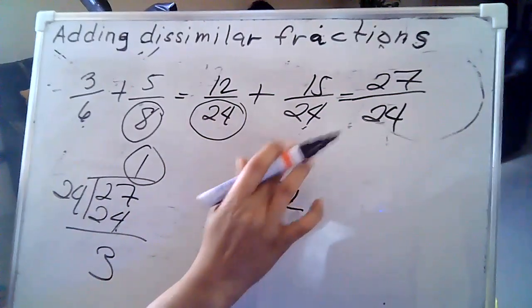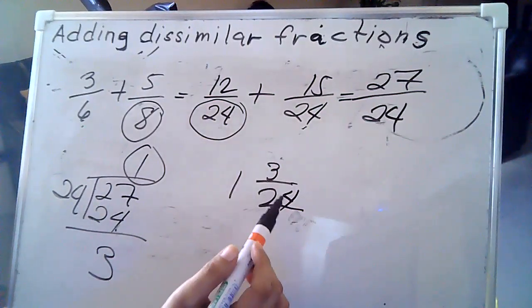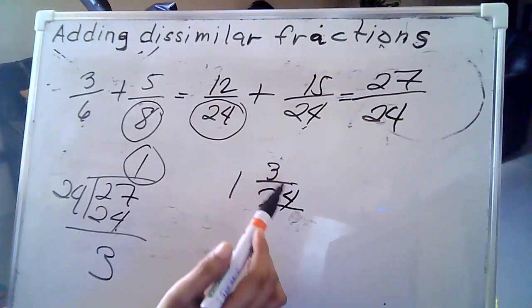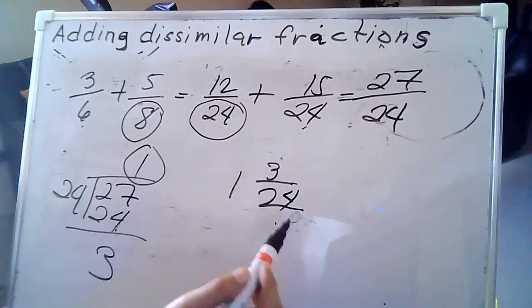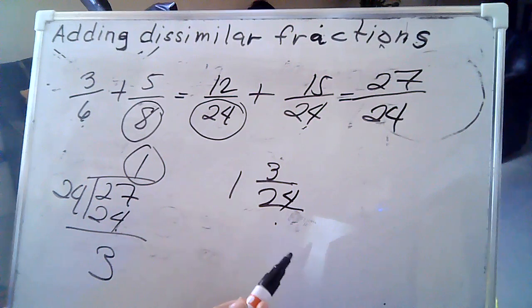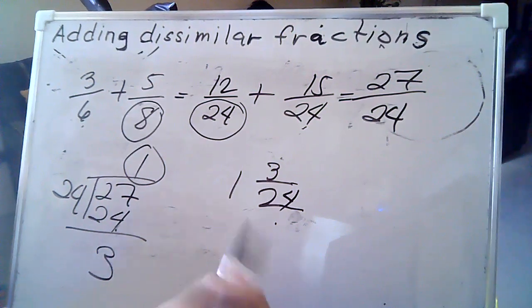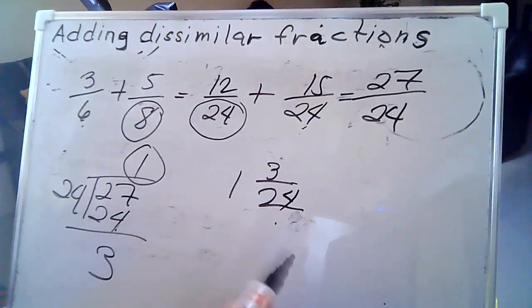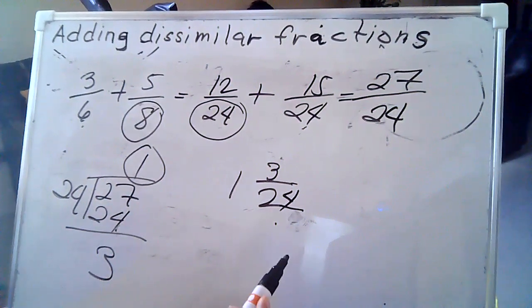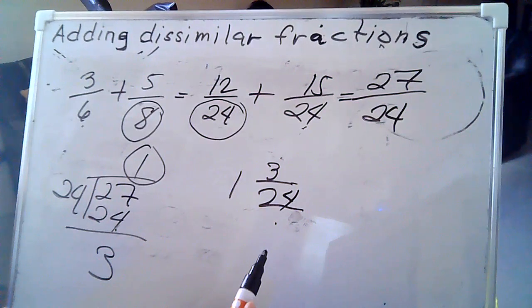Now, look at the fraction here. Is this the simplified form? Is this the lowest term? 3/24? Meron ba silang common, greatest common factor? Meron silang greatest common factor. A number that is divisible by 3 and 24.